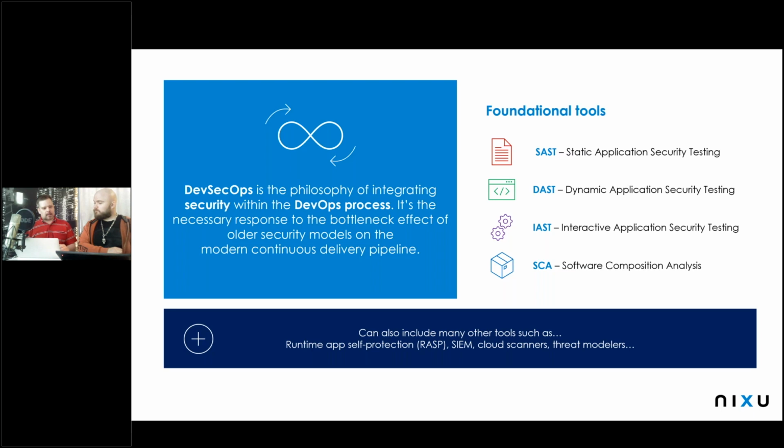Then there's this IAST. This is a new kid on the block. It's interactive application security testing, but I would say it's more like technology to observe your system when it's running, even without security scanning or security attacks.